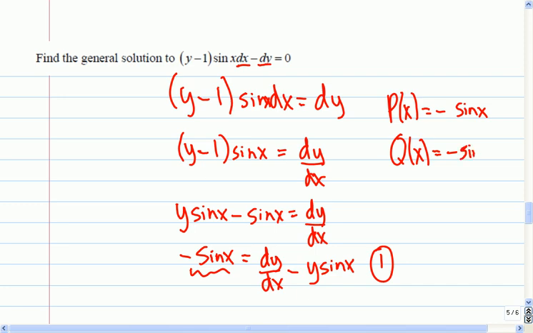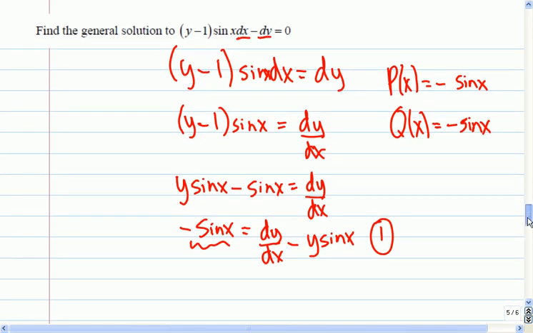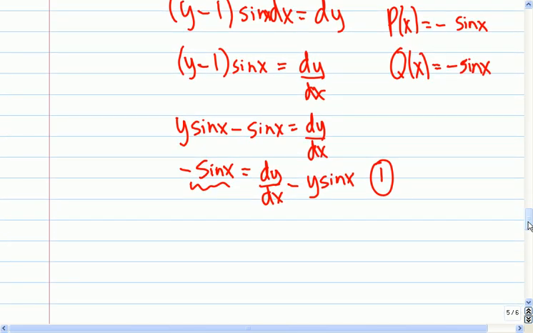Negative sine x. So I can come up with my integrating factor. And so the value is going to be for negative sine x. So that gives me e to the cos x for my integrating factor.